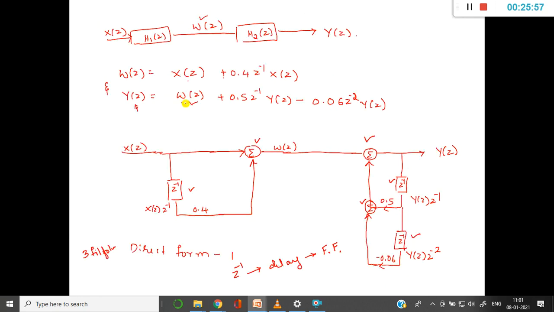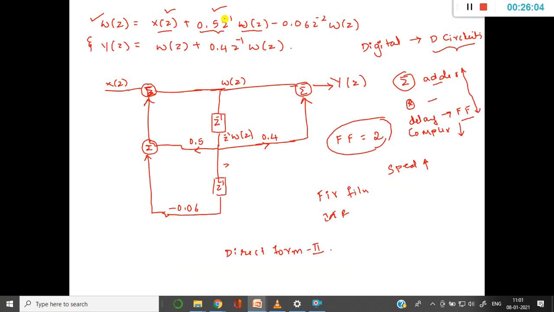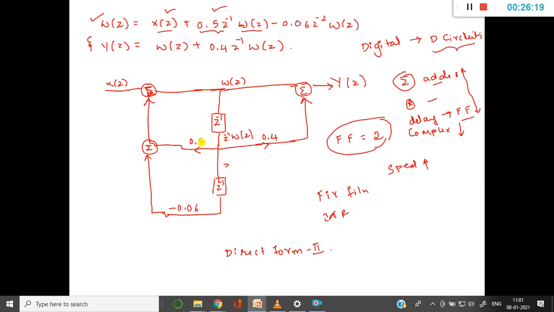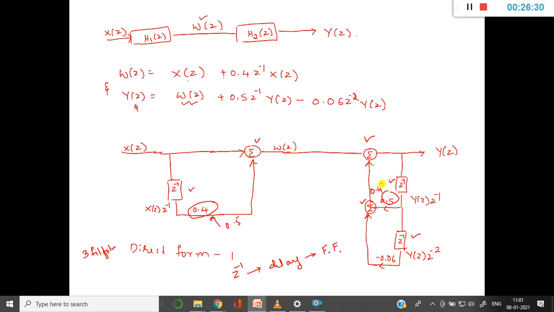But later, to give this in brief, look at this. This part is the same in direct form 2 also, but here you get 0.4. Here you need to replace this by 0.5, and you replace this by 0.4. So that is what we did in direct form 2, 0.5, 0.4, and this 0.06 term will be shifting here.